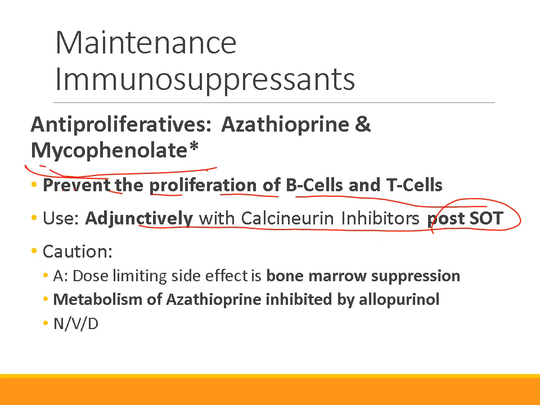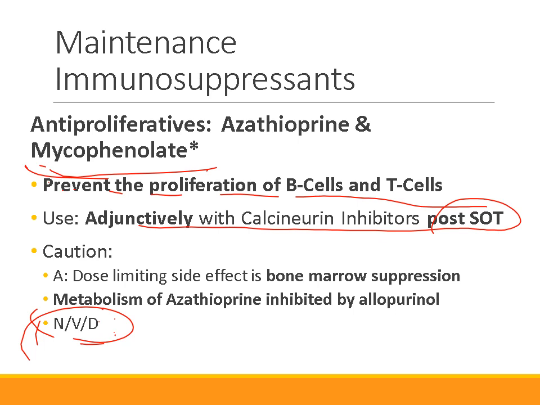Adverse drug effects include most commonly nausea, vomiting, and diarrhea. Of course, we have suppression of B cells and T cells, and with azathioprine, the dose-limiting side effect is bone marrow suppression. White blood cells do need to be monitored, and that's typically what controls our dose. But again, mycophenolate is going to be used over azathioprine in most cases.